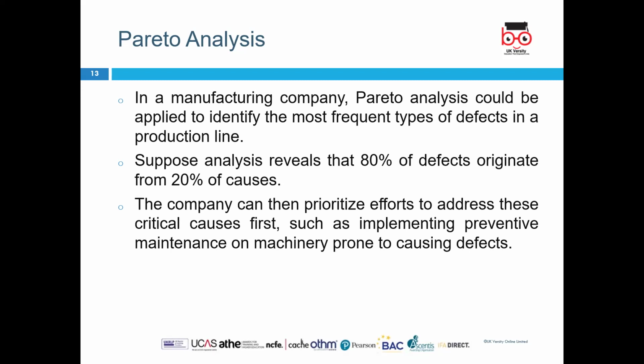Suppose analysis reveals that 80% of defects originate from 20% of causes. The company can then prioritize efforts to address these critical causes first, such as implementing preventive maintenance on machinery which are prone to causing defects. Again, this Pareto rule is very common, which involves 80-20, and it is used in various contexts.